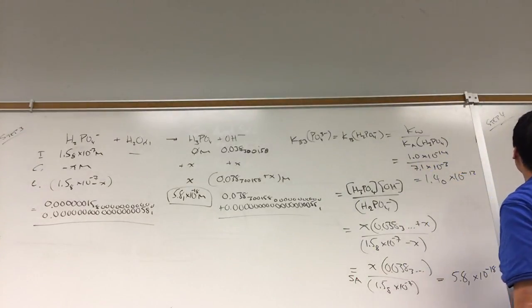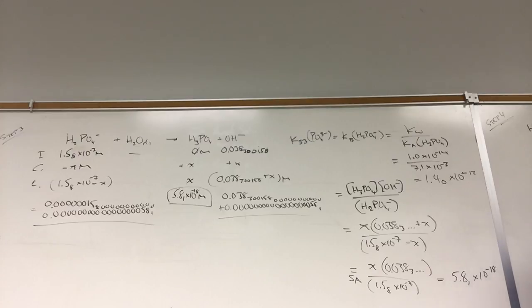And so here, for H2O liquid plus H2O liquid, it's going to give us hydronium plus hydroxide, KW. Here, water. Initial hydronium is 0 molar. Initial hydroxide is the 0.0383, dot, dot, dot. And then change, and then equilibrium.